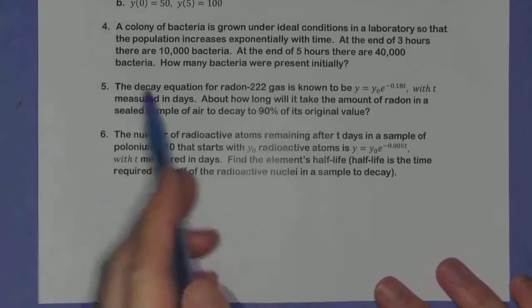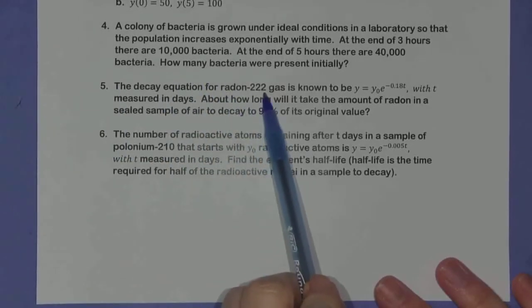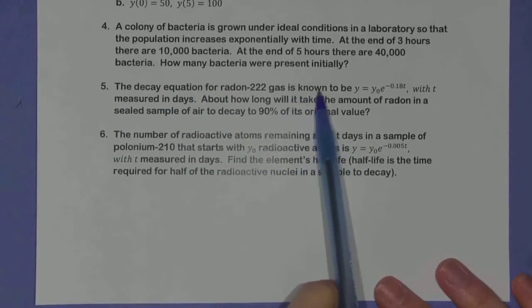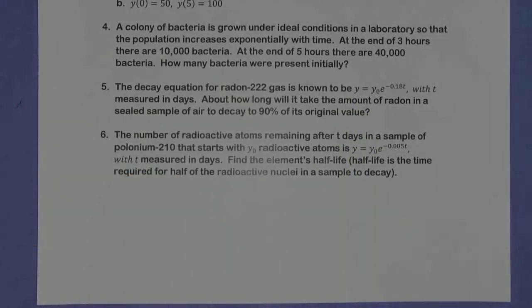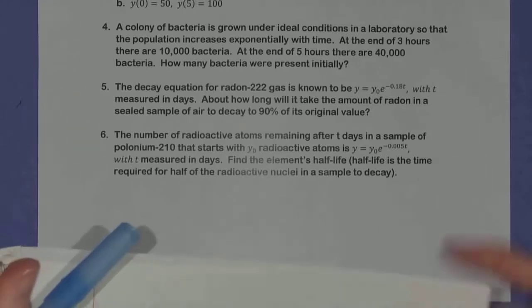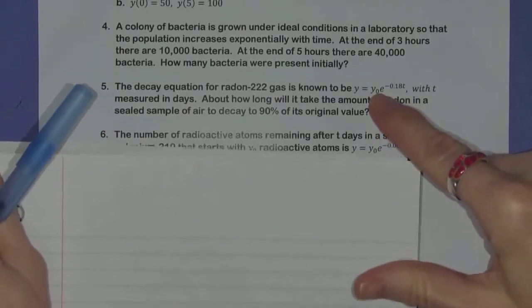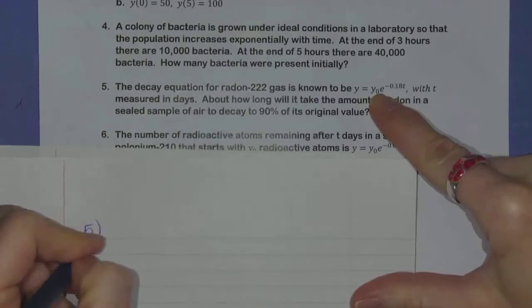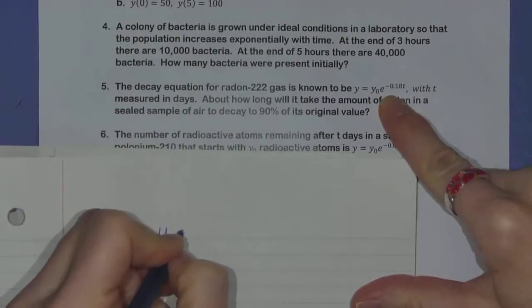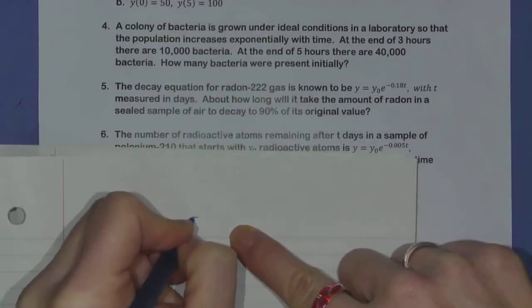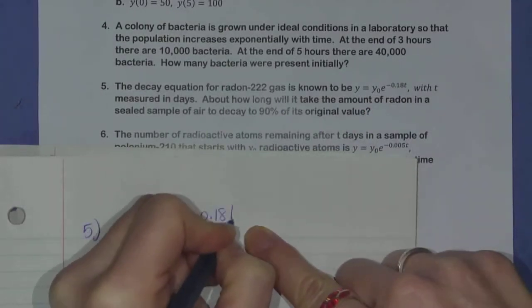The decay equation for radon-222 gas is known to be, now let me get some paper here because clearly this assignment doesn't give you enough room to work. But here it is. So if I'm doing number 5 in my homework, y equals y sub 0 e raised to the negative 0.18t.